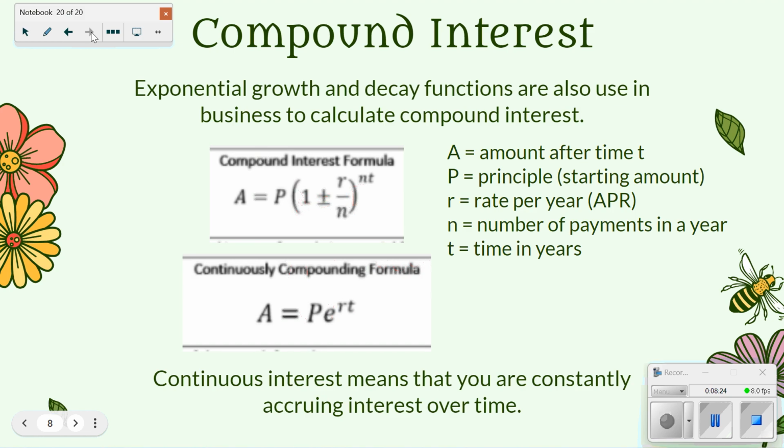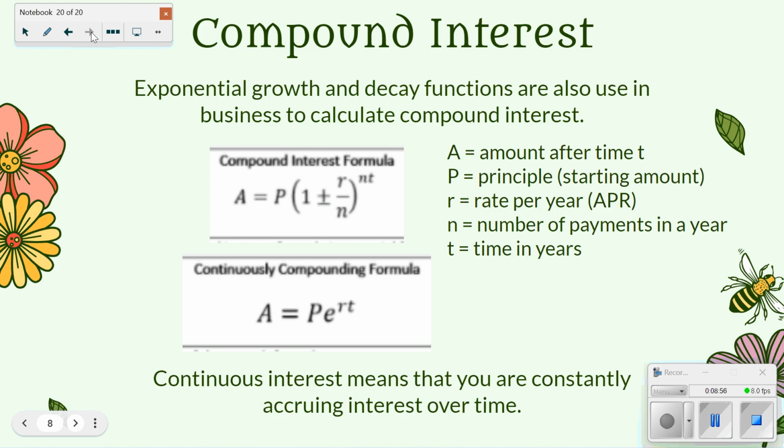Alright, so a lot of applications for our exponential functions are going to be coming from compounding interest. So our compound interest formula, we can have two different scenarios. Our first scenario is A equals P, where P is still your principal, and A is your amount, your investment after a certain amount of time.